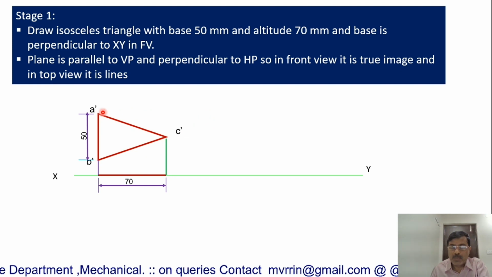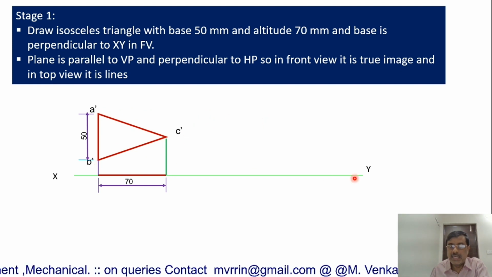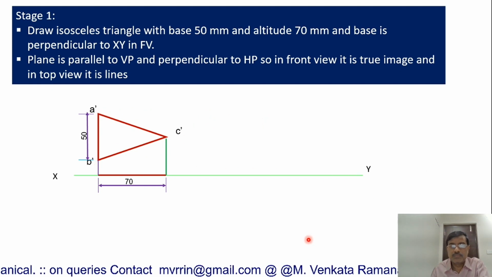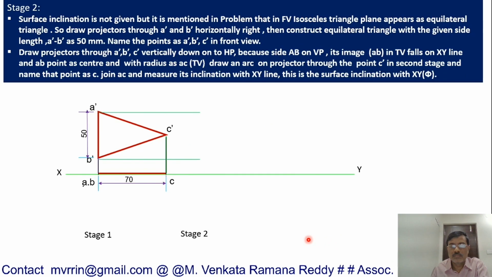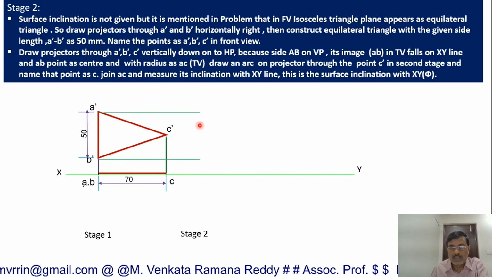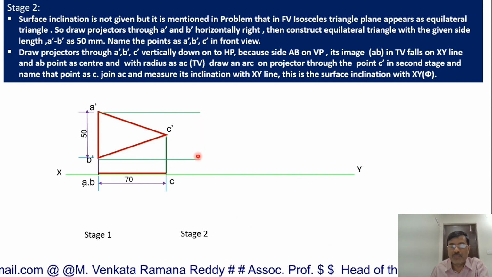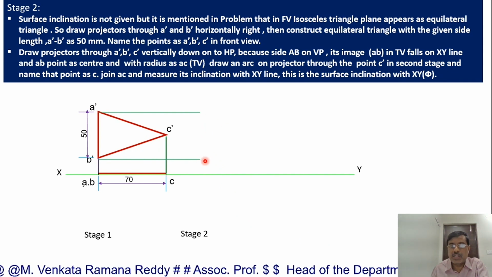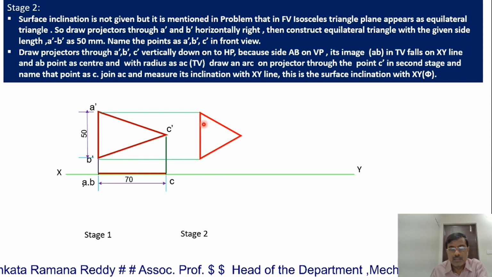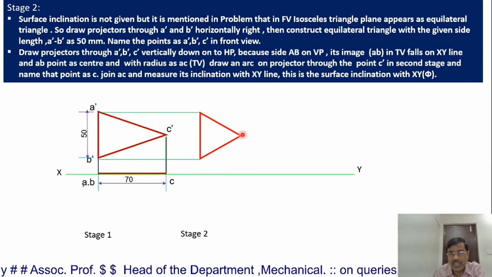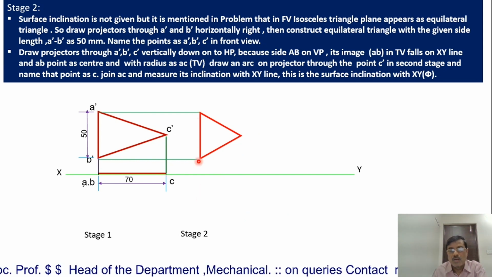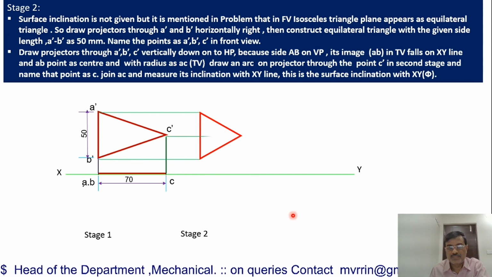Then draw projectors from A dash, B dash towards the right. Here this length is 50 mm. Construct the equilateral triangle. Then from A1 dash, B1 dash, C1 dash, draw projectors vertically down.